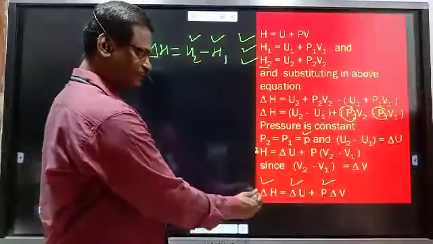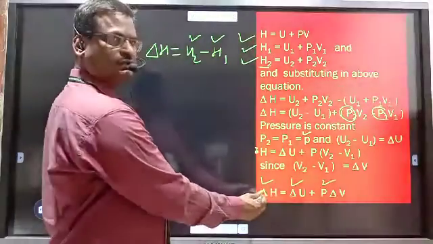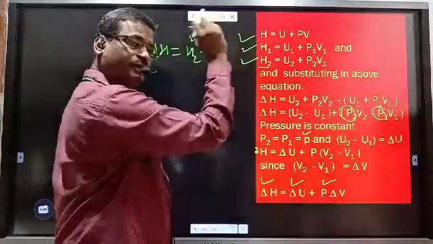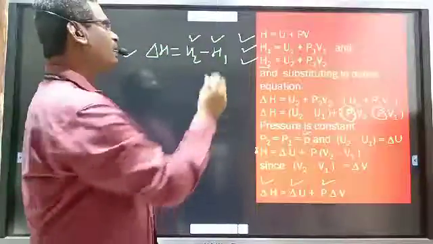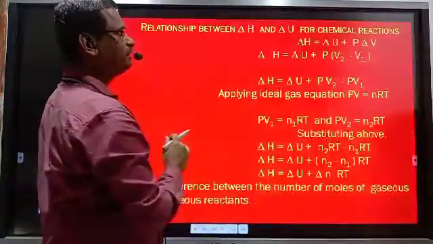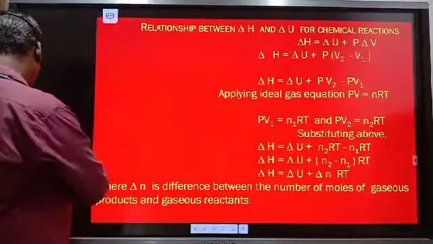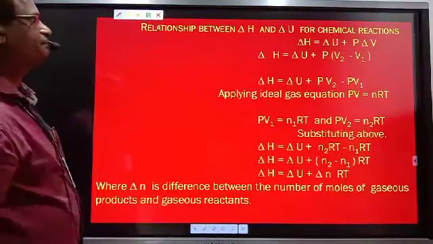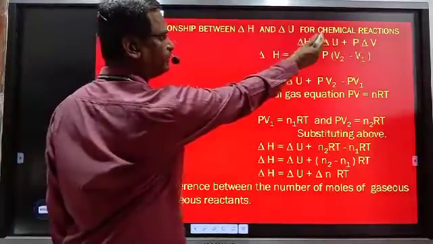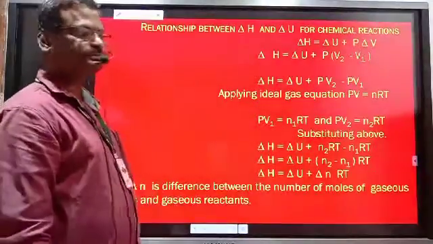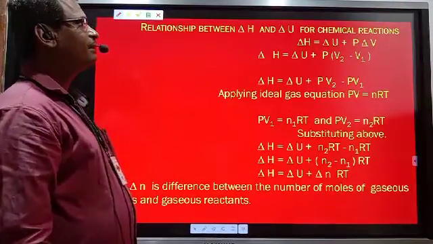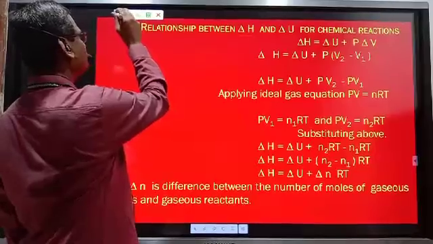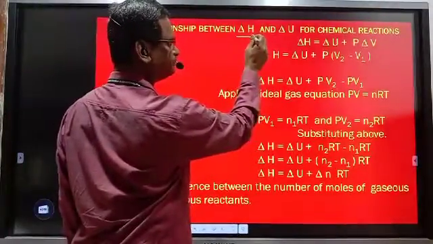So it is the expression for enthalpy change during a process, and this is the expression for enthalpy in the absolute state of the system, and that is used to study the relationship between enthalpy change at constant pressure and at constant volume, the relationship between delta H and delta U for chemical reactions. Delta H is enthalpy at constant pressure.